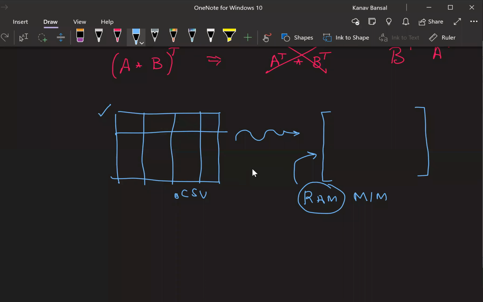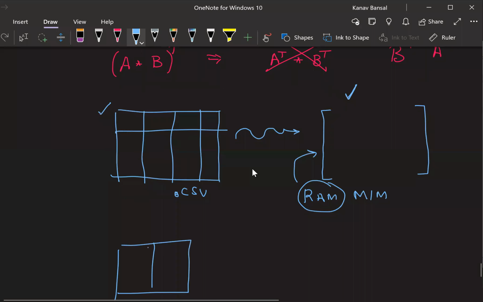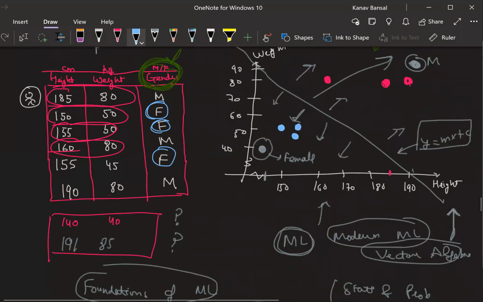Yes. In NumPy, we have NumPy arrays. So in the computer's memory, this is going to be present in the form of a matrix. Let's say we have some data like this, some CSV file. Dheeraj, I'm explaining that. Let me go back to yesterday's session and pick up some CSV file.